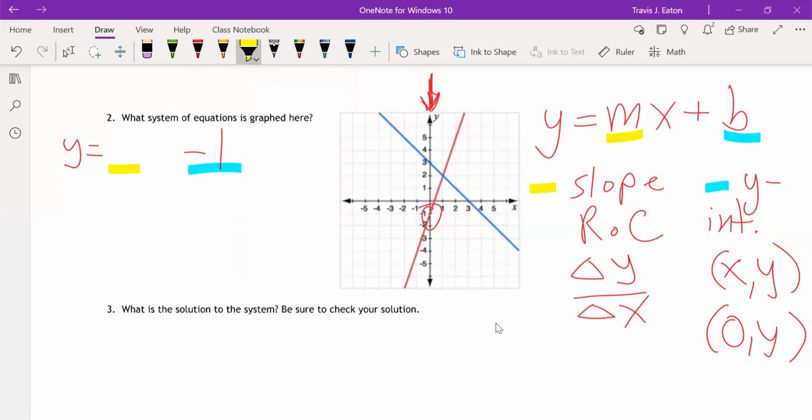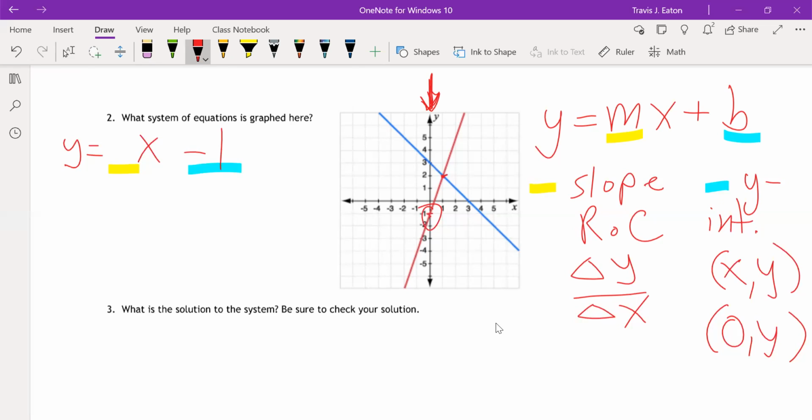Then all we have to do is come up with our slope. What will our slope be that will be multiplied by x? Well, we have to determine what our slope is. So from that point where it crosses the y-axis, where's the next spot where it makes an intersection? It looks like right here at that point. Because this graph is nicely laid out by ones, we can just start from here at -1 and go up.